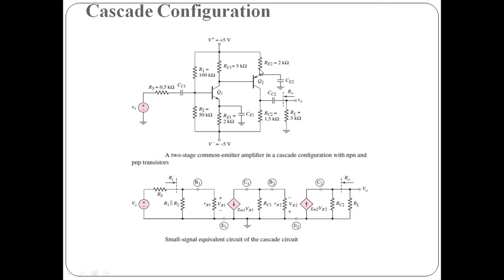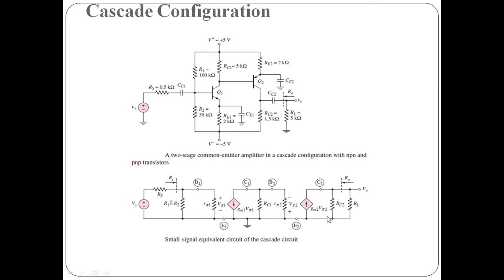From collector 2 to emitter 2 we replace it by a current source. Since we are using a PNP transistor here, the current direction is shown in the upward direction, given by gm2 into V pi 2, and the other end of the collector of transistor Q2 is grounded.